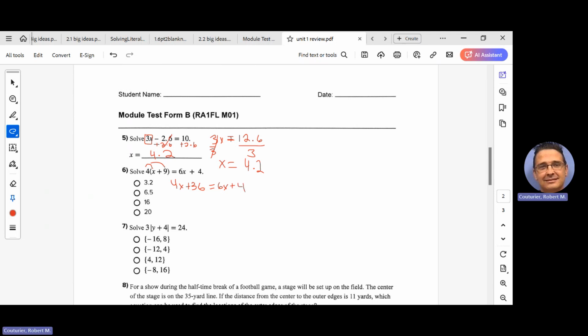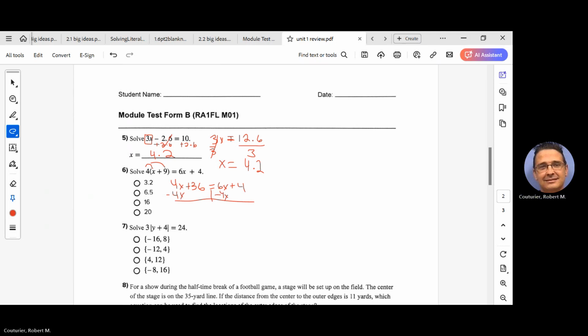All right, now we're almost there. We need to solve. We need the x to be by itself. Our problem is that we have x's on both sides. So we want to move the smaller x. That way we're dealing with positive numbers.